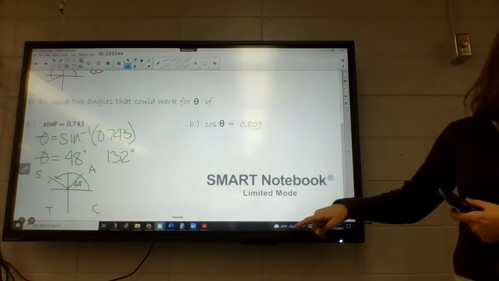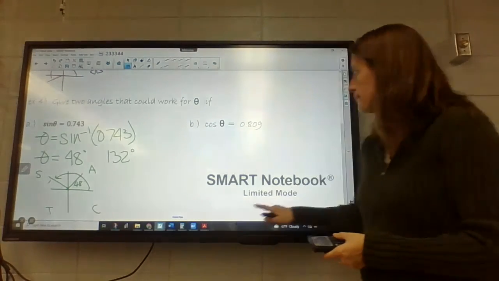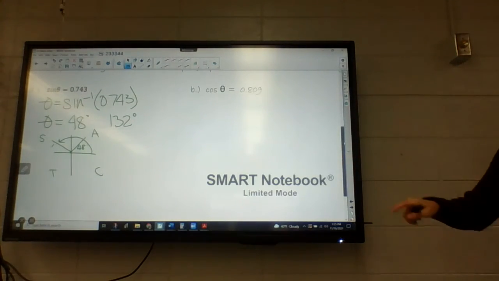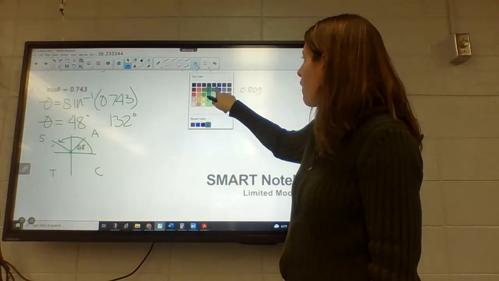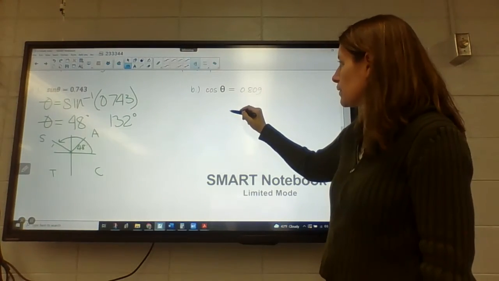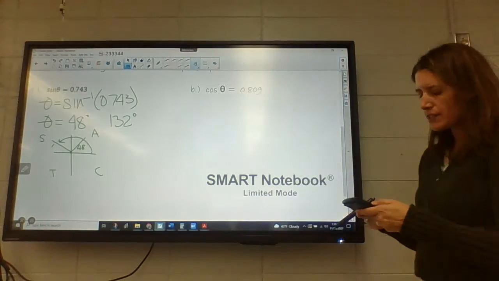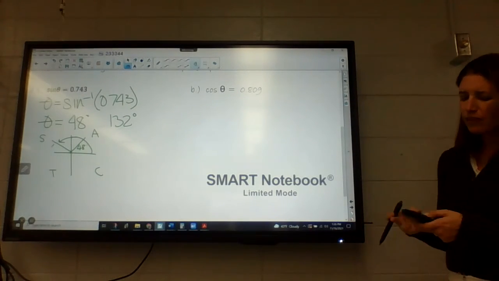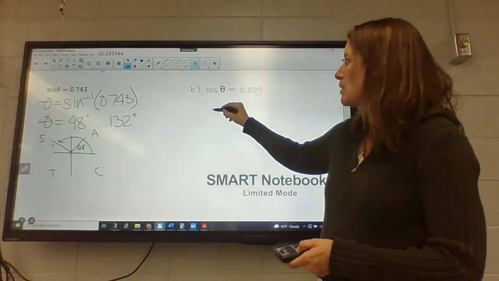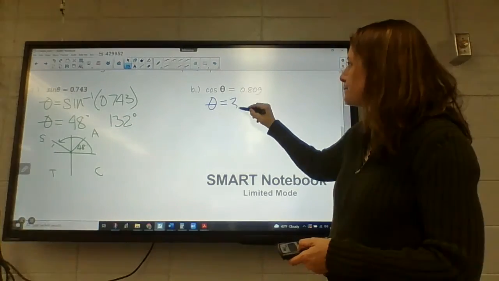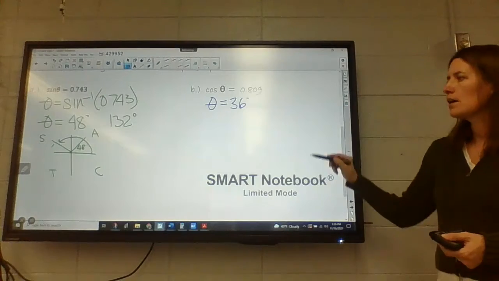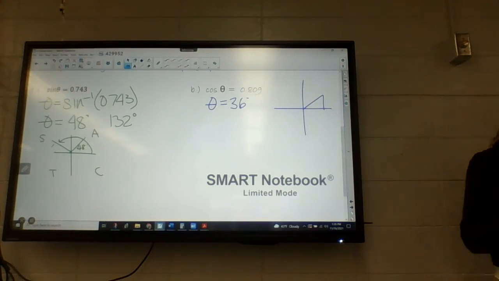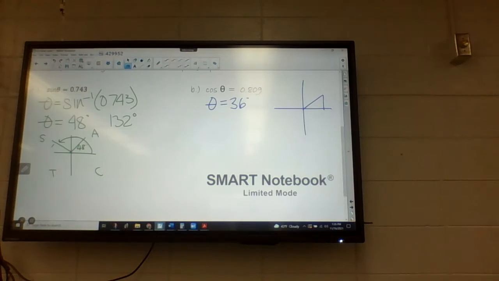So let's try this next one. So we're doing inverse cosine, sorry, this time. And typically these will round nicely, so you got 36 degrees? Okay. So if we're at 36 degrees in this quadrant, what other quadrant do we want to be in?